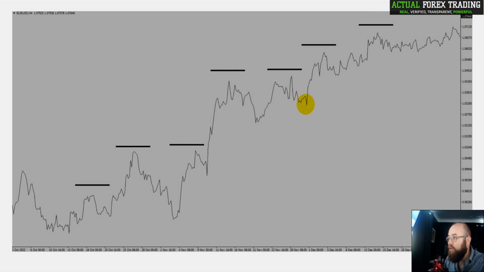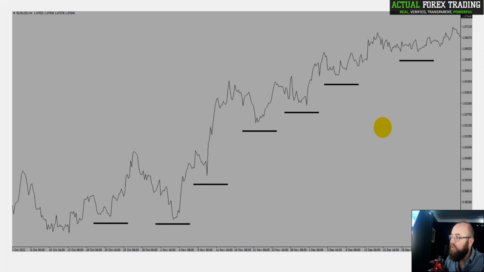It's the same with these troughs. So if we were to look at these troughs, we have peaks and troughs. Each time we look at these troughs, they're also higher. That's shown on the next slide here. Each of these troughs are generally higher than the previous trough.